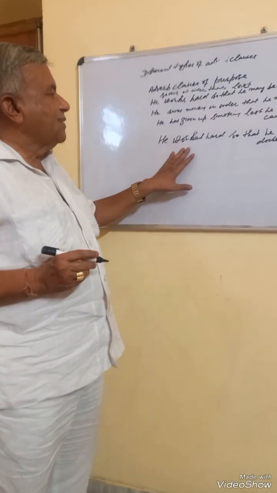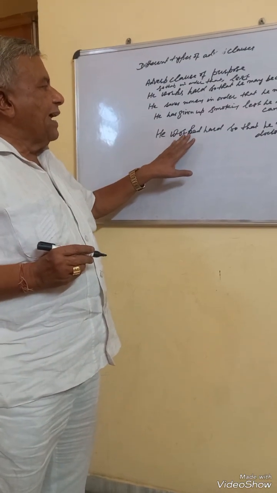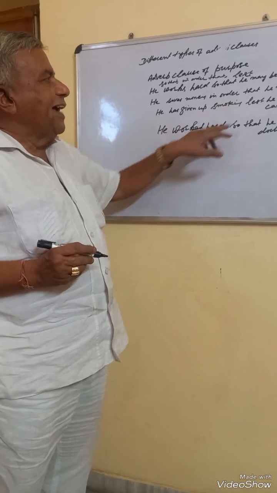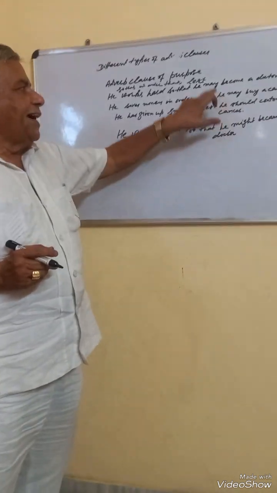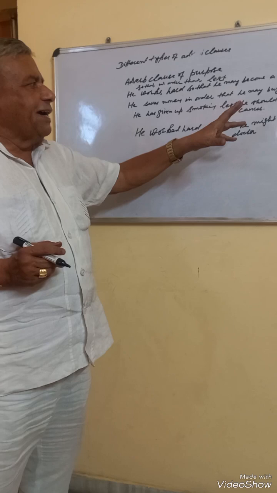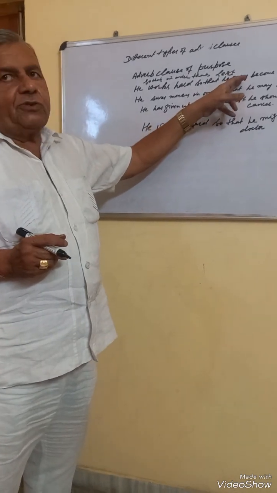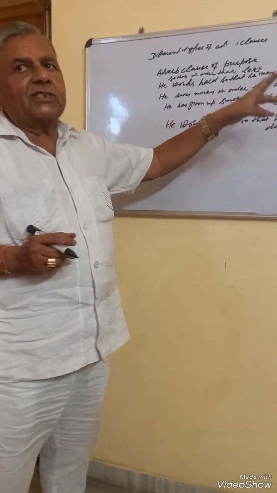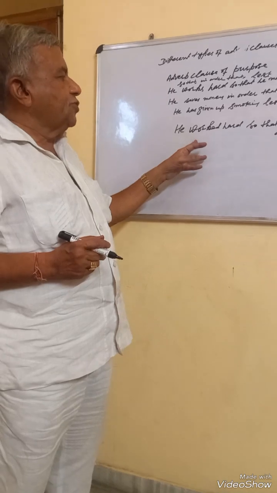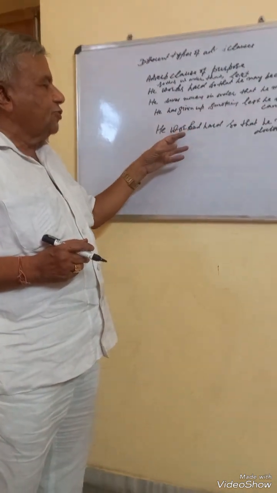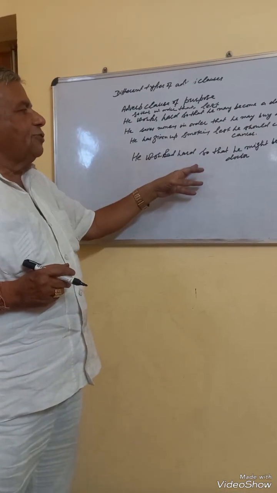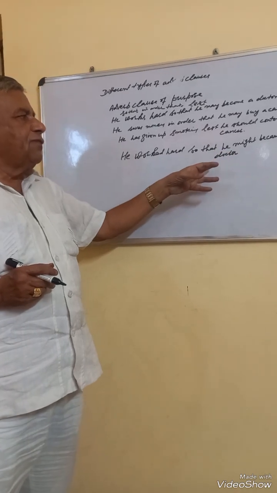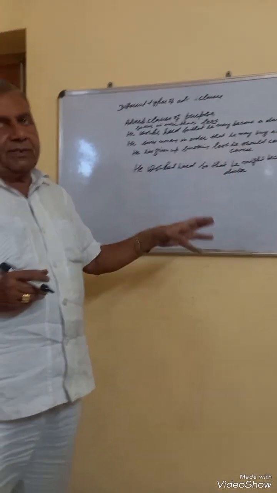If it is in the past tense, then we have also to bear in mind that may will change into might, can would change into could. Whatever modal verb is used, that would be used in its past form. So this thing should be borne in mind in order to frame the correct type of adverb clause of purpose.